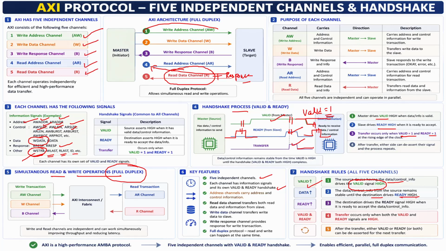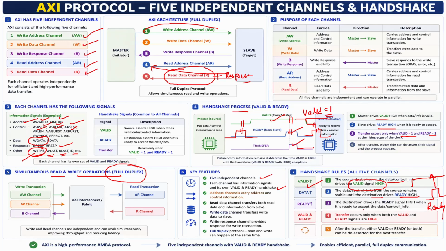You need to maintain the valid signal high because whenever the destination, that means the slave, is ready to receive the data, at that time the ready signal will be sent. Up to that we need to maintain the valid signal high. Okay, and then the destination drives the ready signal high.